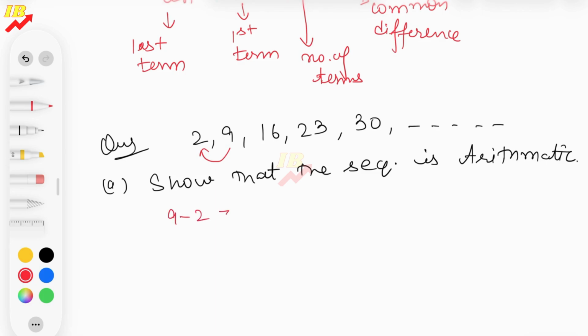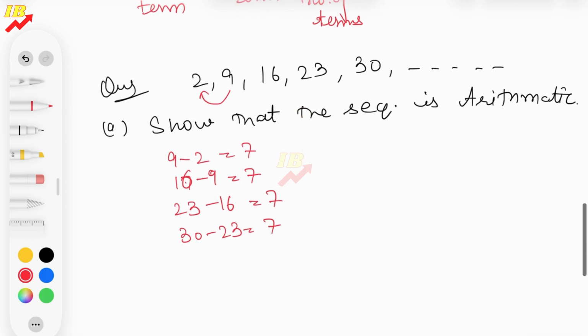Again, 16 minus 9 is 7. 23 minus 16 is also 7. 30 minus 23 is also 7, right? That means all of them are giving you the same answer. That means the common difference, which is d, is 7, right? Therefore it is arithmetic. Okay.